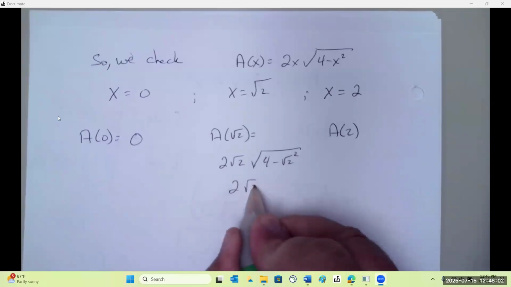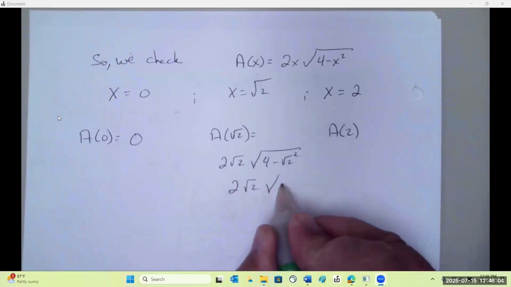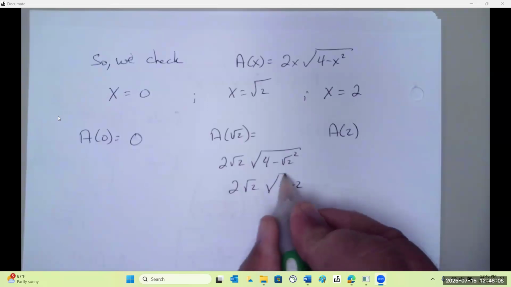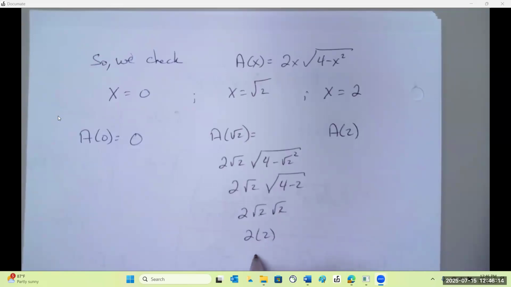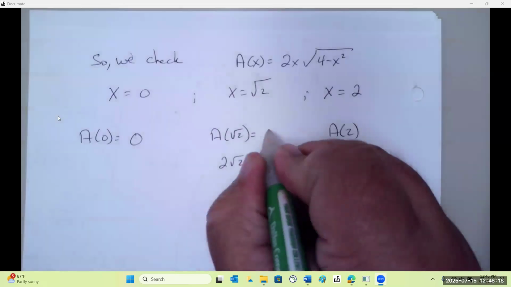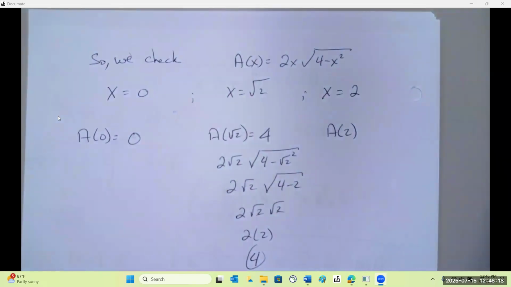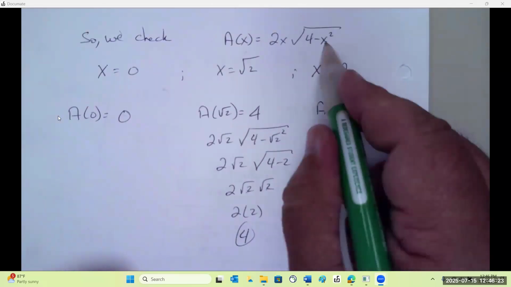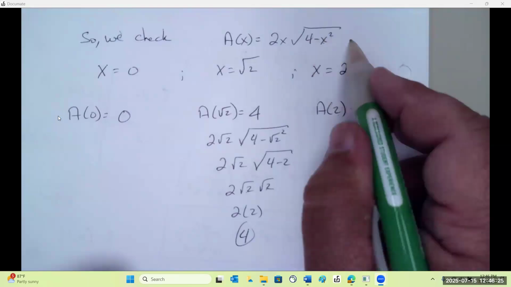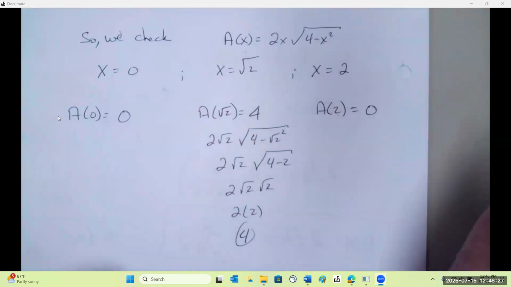So 2 radical 2 times the square root of 4 minus 2, so 2 radical 2 times radical 2. Radical 2 times radical 2 is 2, so it equals 4. And then 2 squared is 4, 4 minus 4 is 0, so this is 0.